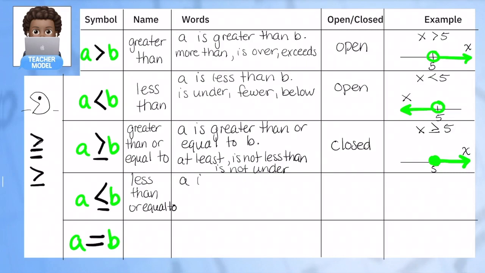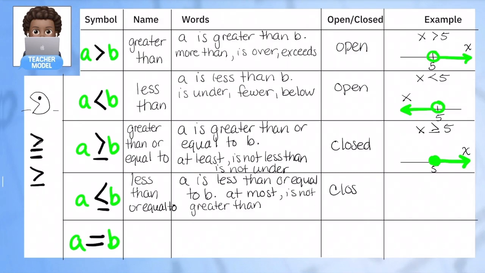So same thing. A is less than or equal to B. Other ways I can say this, I can use the term at most. So the most it could be is this number, is not greater than. Whatever that number is, does not exceed, is not of more value. I can just use all those different words.